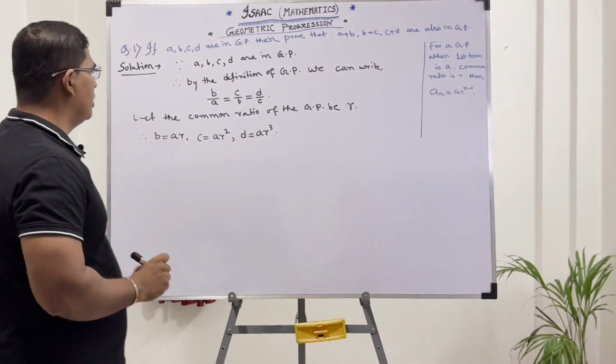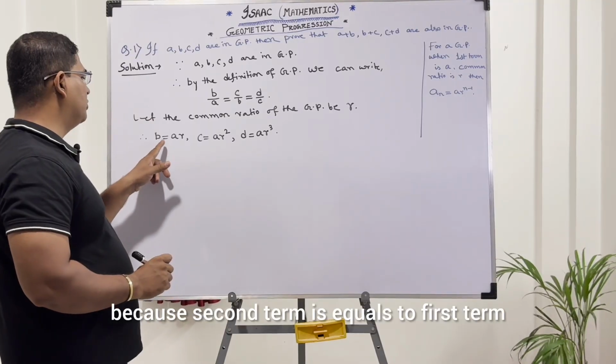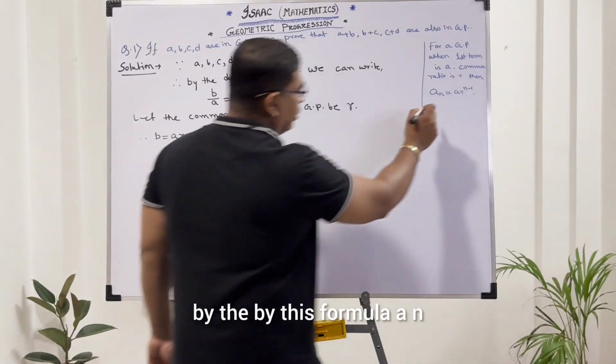Okay, because the second term is equal to the first term times R, by this formula.